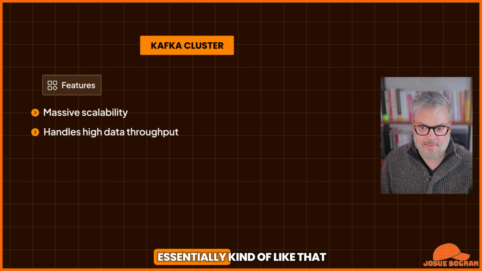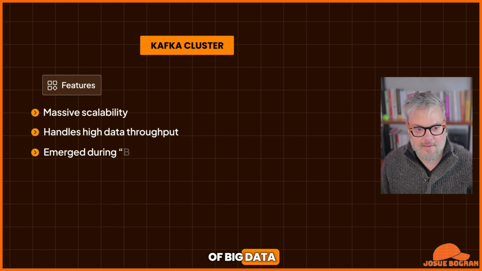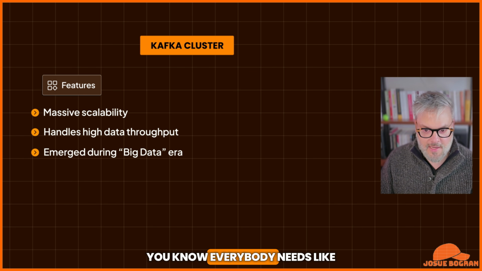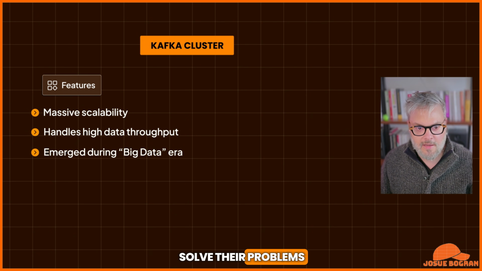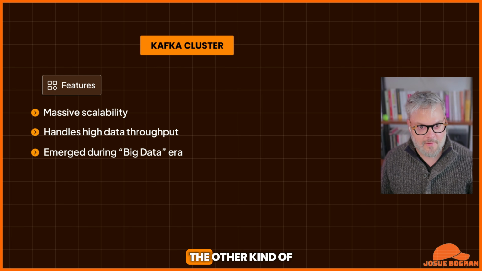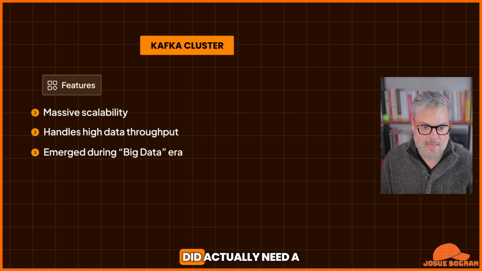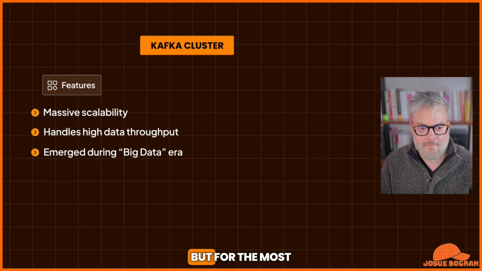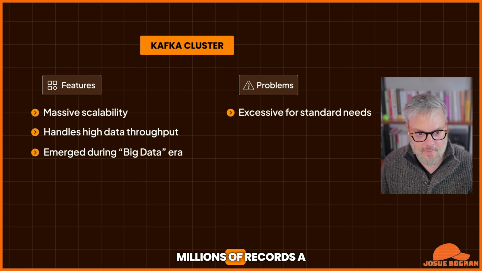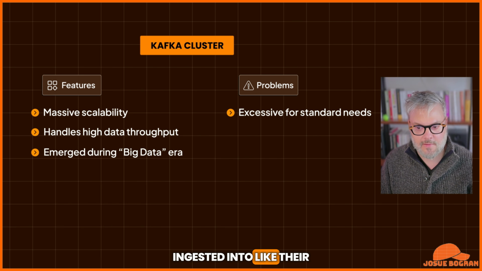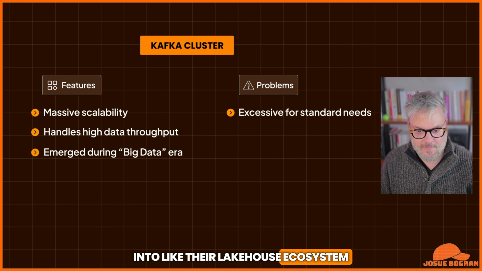This was that era of big data, where everybody needs all the data in the entire world to solve their problems. Companies like Yahoo and Google and other larger companies at that time did need a ton of data. But for the most part, most people don't need millions of records a second being ingested into their lakehouse ecosystem.